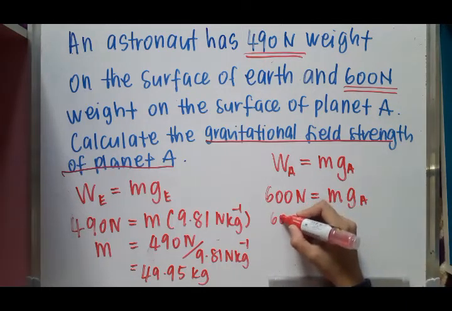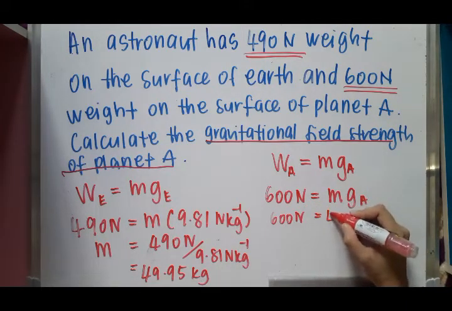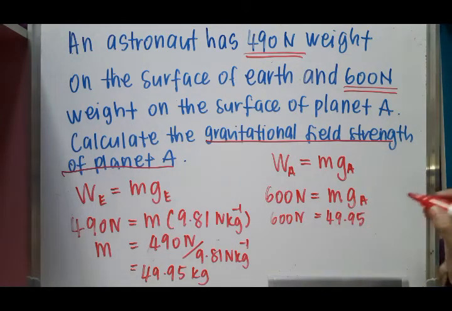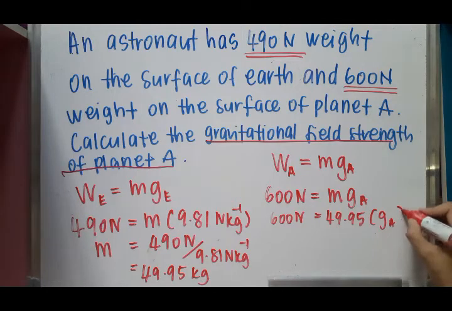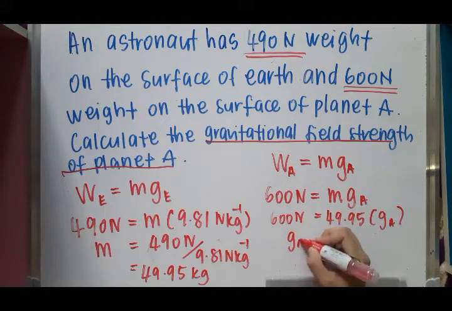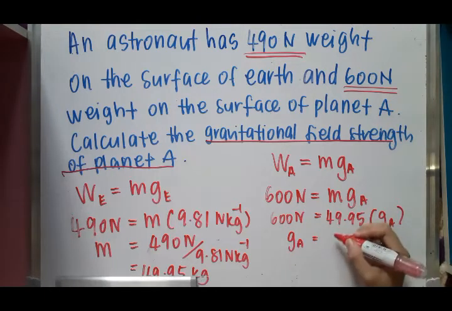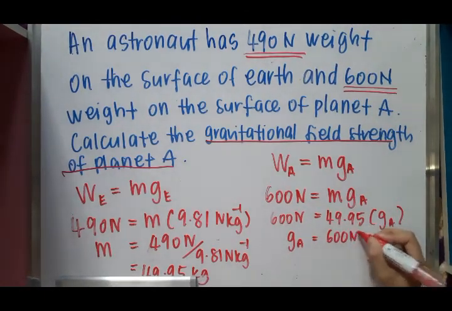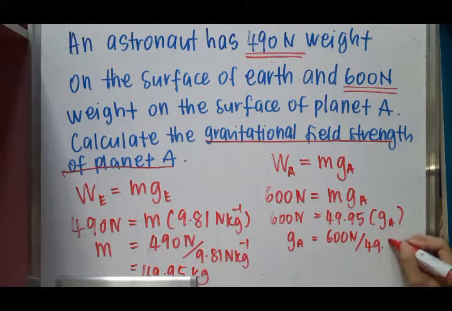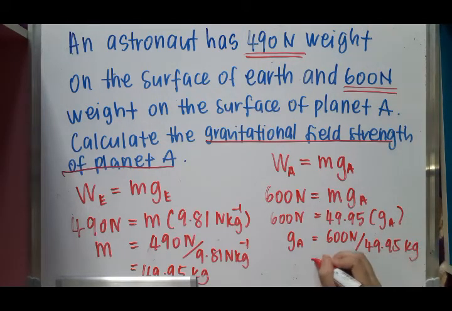So 600 Newton equal to mass 49.95 times GA, gravitational field strength of planet A. So from here we have GA is equal to 600 Newton divided by 49.95 kilogram, and the final answer is we have 12 Newton per kg. Class, do you understand how to calculate the weight?